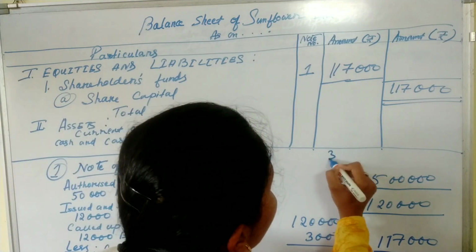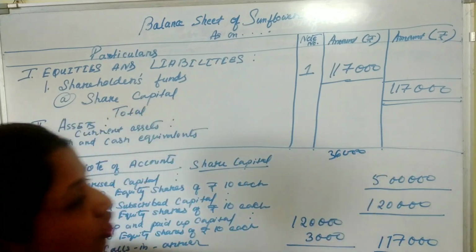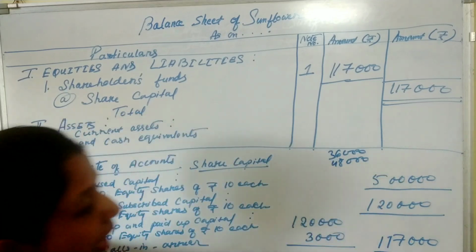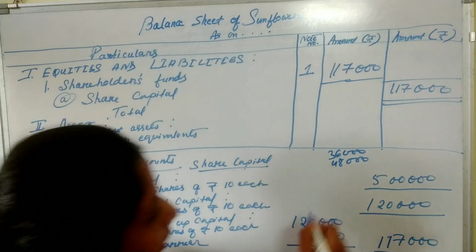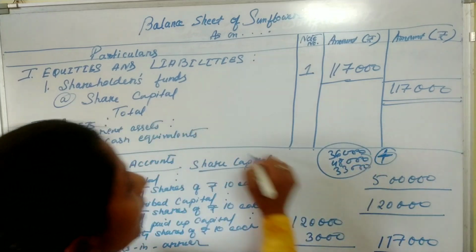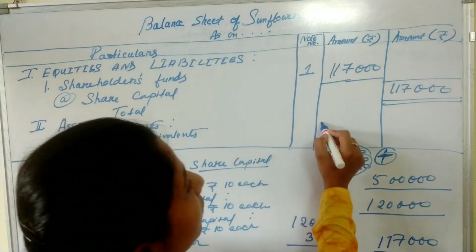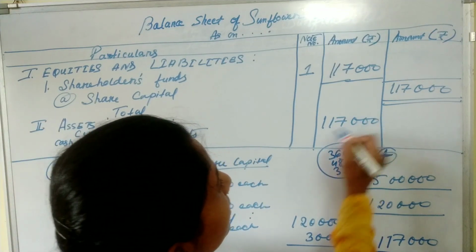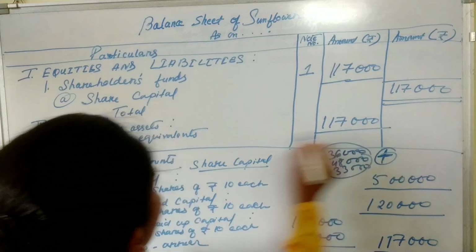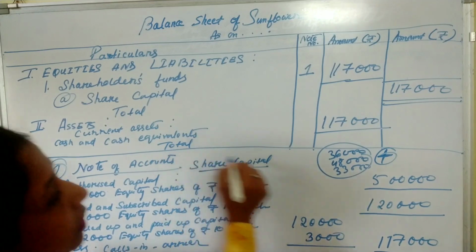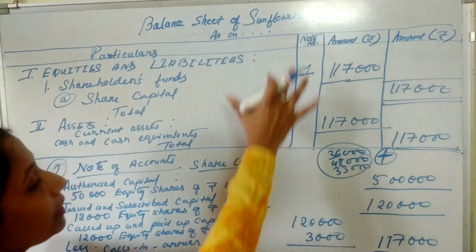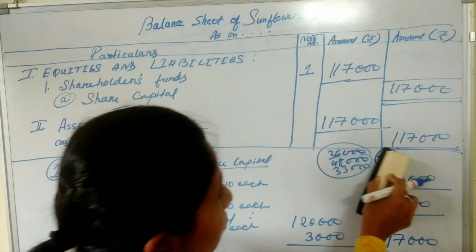I am writing here 36,000 on application, on allotment 48,000 and on first and final call 33,000. Add these three amounts, then we will get the balance of cash, that is 1,17,000. So we will total it, 1,17,000. So this is our balance sheet and this is the note.